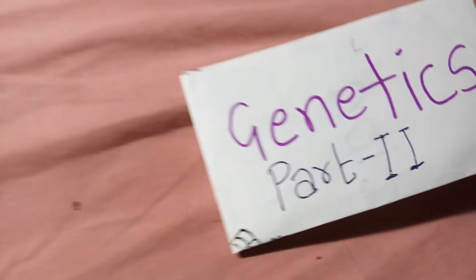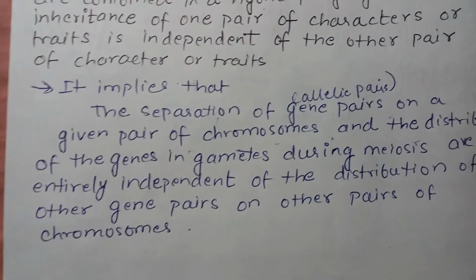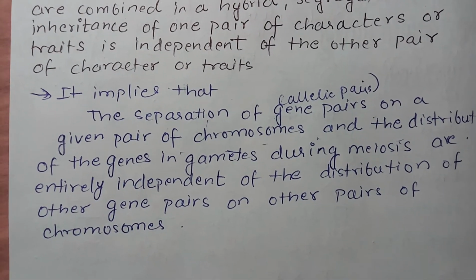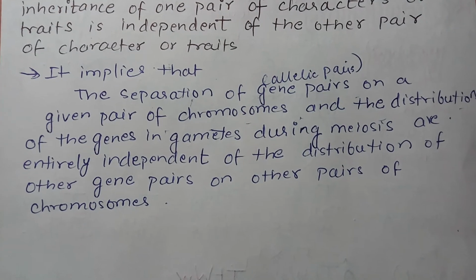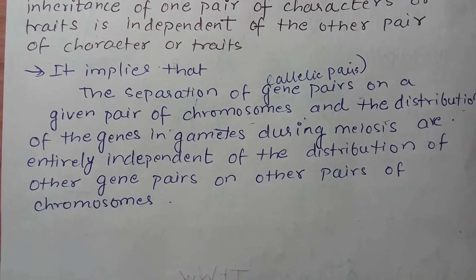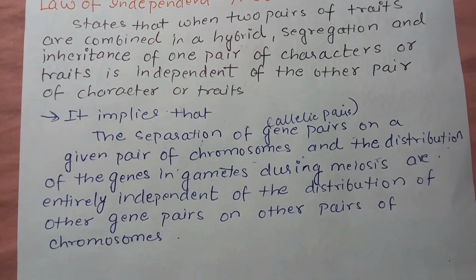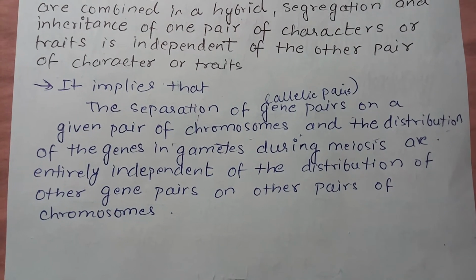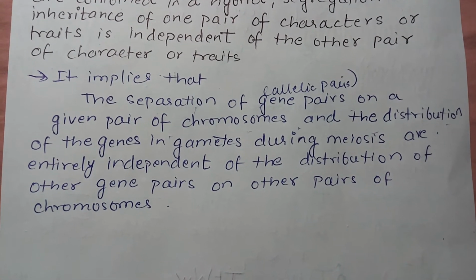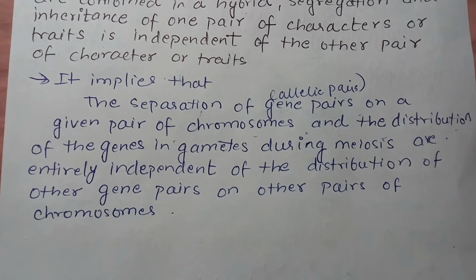It implies that separation of a gene pair on the given pair of chromosomes and the distribution of the genes in gametes during meiosis are entirely independent of the distribution of other gene pairs on the other pairs of chromosomes.